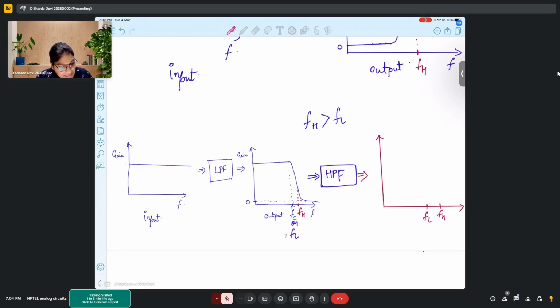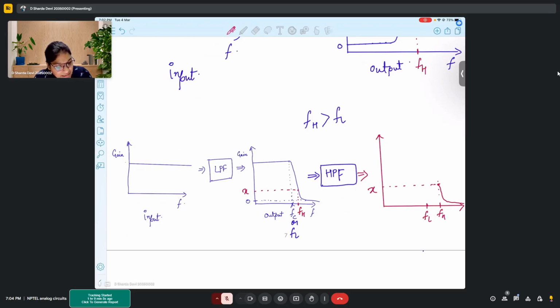So now, when you are passing this to your high pass filter, it sees at FH it has certain value, say X. Okay. So the signal X, and after that it will follow the curve as it is, right?